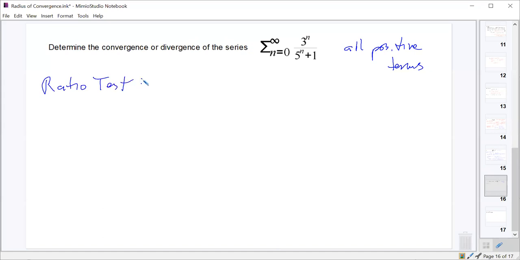Our ratio test should tell us that we want to find the limit as n approaches infinity of 3 to the n plus 1 over 5 to the n plus 1 divided by this, which would be the same as multiplying by the reciprocal of that, so 5 to the n plus 1 over 3 to the n. Good or no?